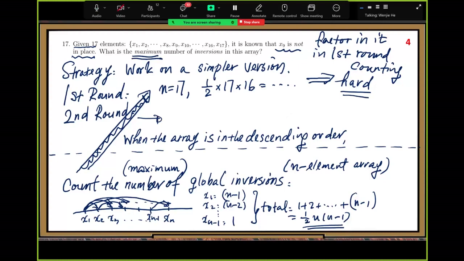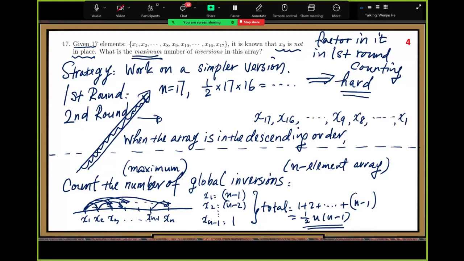So here, if I write x1 to x17, suppose that it's the largest, for convenience of discussion, we write it in descending order: x17, ..., x9, x8, ..., x1.